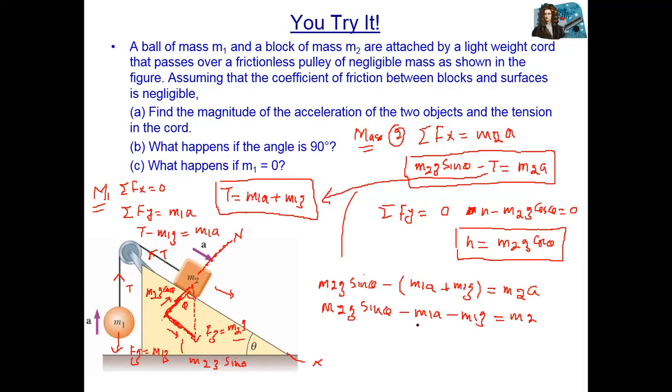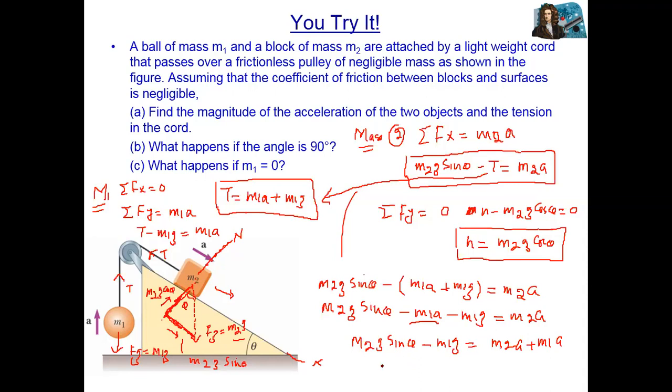So now if you transfer the a term to the other side, we have only m2g into sine of theta minus m1g on one side, and m2a plus m1a on the other. Now what is common?